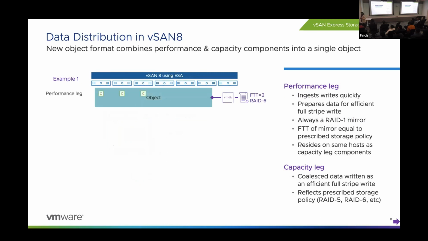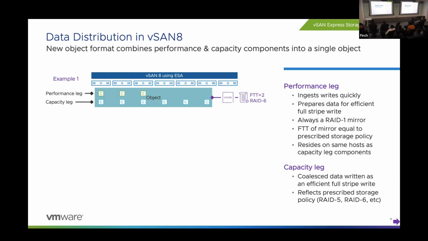Now the data is distributed in a very different way, since there is no concept of disk groups here. For example, in the same object, you have a capacity leg and a performance leg, exactly like the cache disk and capacity disks that we used to have, which we would combine into a disk group and then create FTT and RAID levels.